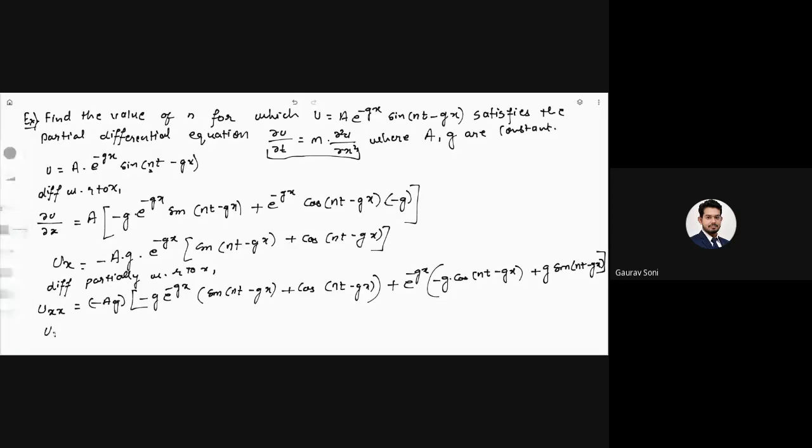So uxx, if you simplify this, again there is this g in both the terms, so I can take minus g common, e to the power minus gx outside. So we will have A into g square e to the power minus gx in bracket.